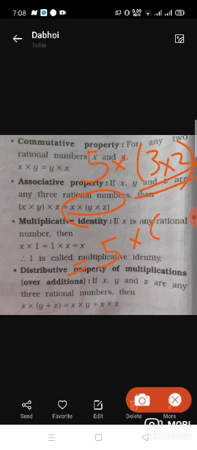So 3 twos are 6 and 6 fives are 30. So in both ways we are getting the same answer, which is 30. Okay friends, so this associative property holds for the multiplication of rational numbers.